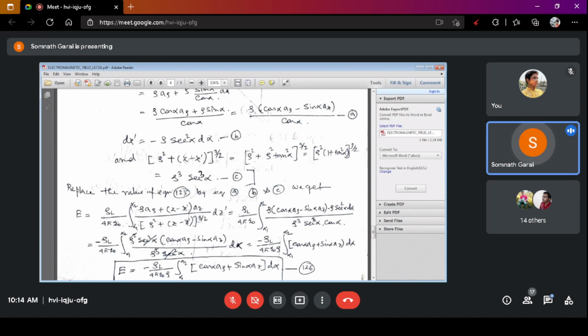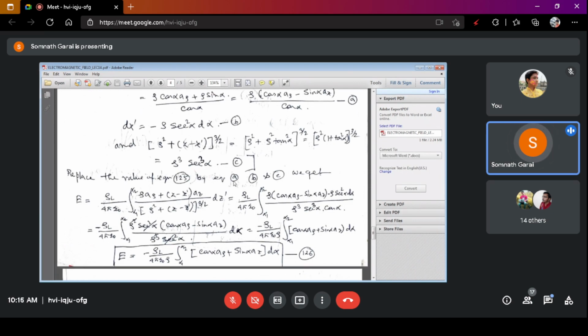So if we replace the equation by A, B, C, that is equal to rho L by 4 pi epsilon naught, integration over alpha 1 to alpha 2, of (rho cos alpha a rho minus sin alpha az) times minus rho sec square alpha d alpha, divided by rho cube sec cube alpha times cos alpha.